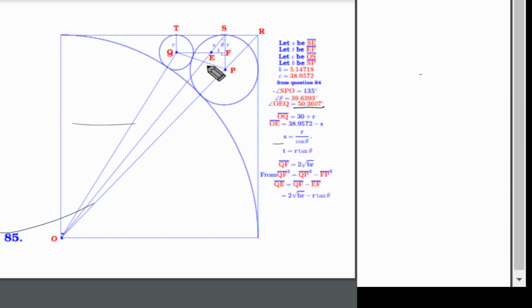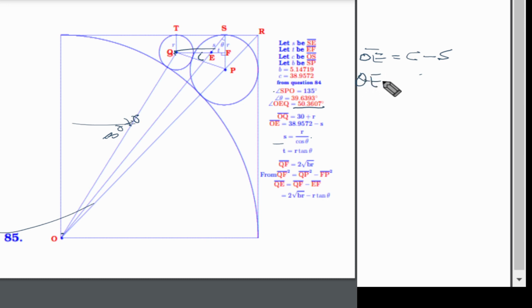So we have this angle here, and then we have this length QO, which means 30 plus R. And then OE, we just saw, right? OE was C minus S. And another one we need is QE.